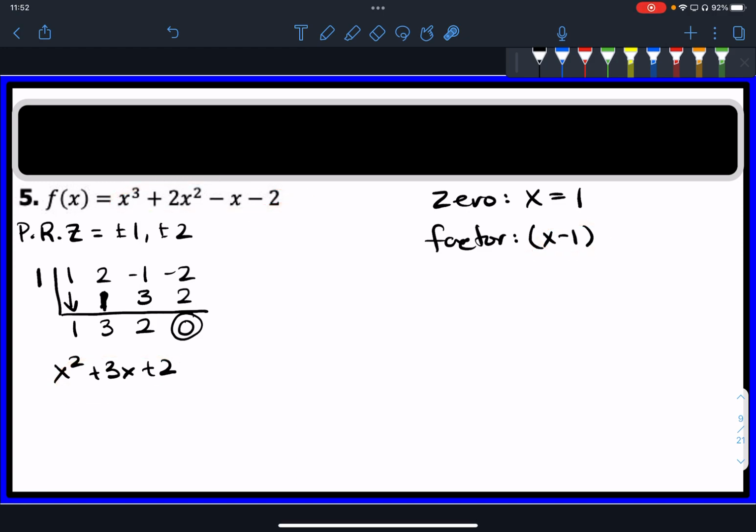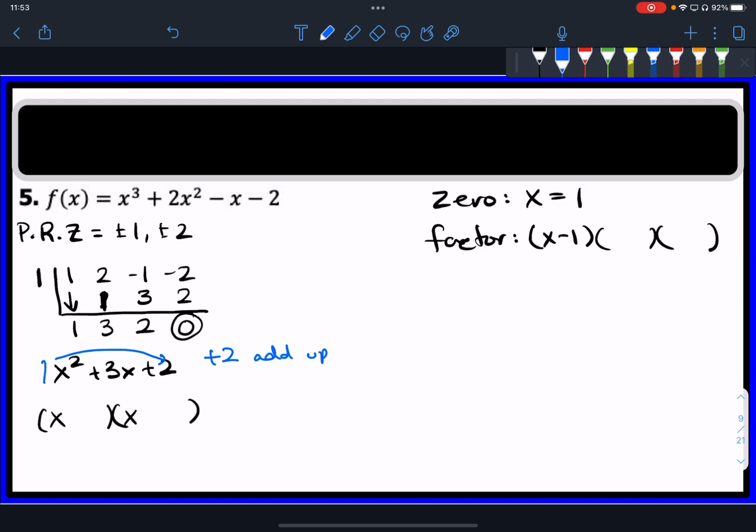To figure out the other two factors, I simply have to factor this trinomial. We use our technique to factor quadratic trinomials: the factors of x squared are x and x, and multiplying 1 with 2 gives us positive 2. We're looking for the factors of positive 2 that add up to the middle number of 3.